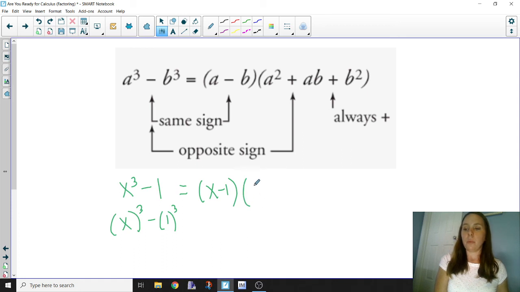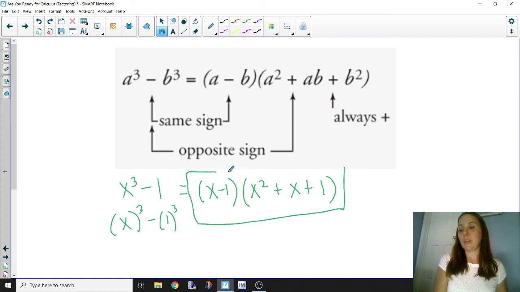And then what would I have here? x squared plus 1x, or just x, plus 1 squared is still 1. And so the factors of x cubed minus 1 are x minus 1 and x squared plus x plus 1. Again, not going to make or break your experience in calc, but I wanted to throw it in there for good measure.